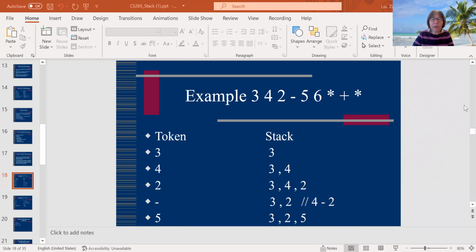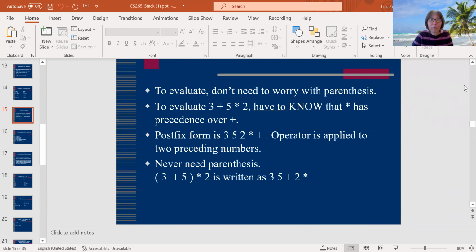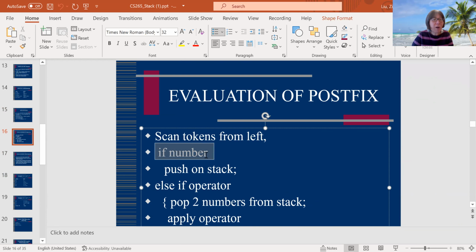Okay, and then for the algorithm in our class slides, we also have this algorithm listed out. Let's see this algorithm. So we scan tokens from left. If it is a number, then we push it to the stack.